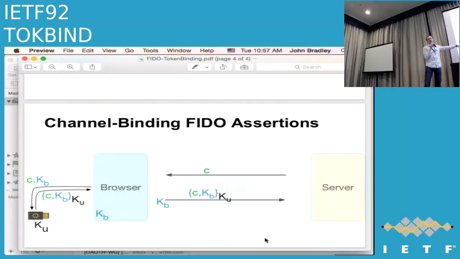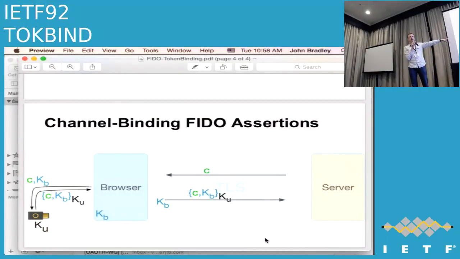The server sends a challenge C to the client. There's a JavaScript API that allows the browser to pass that challenge to the authenticator, and then the authenticator's job is just to sign it with KU. That's the user's key that has previously been registered with the server. The server knows that KU stands for, speaks for, that user. And so KU is supposed to sign the challenge.